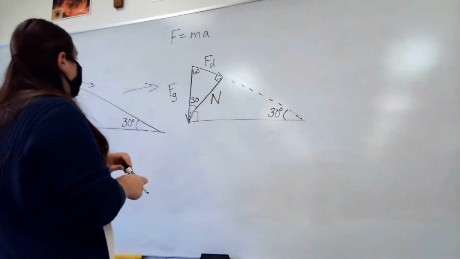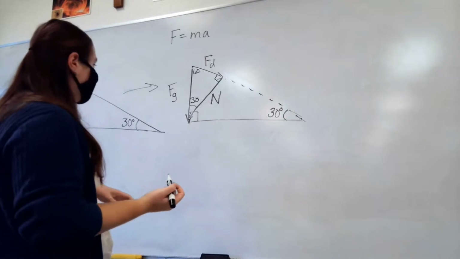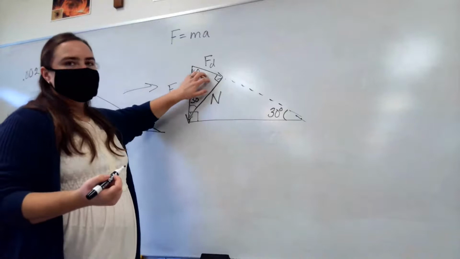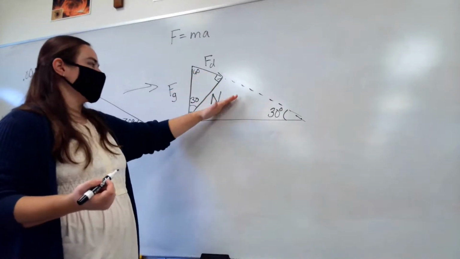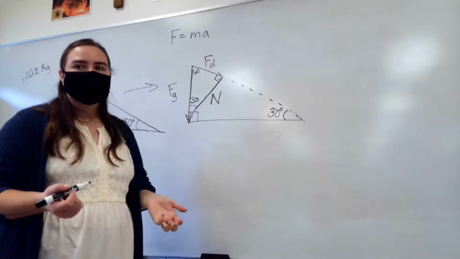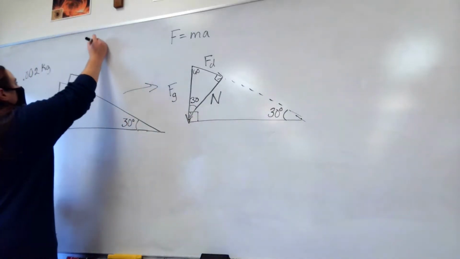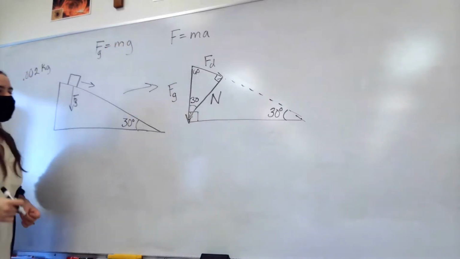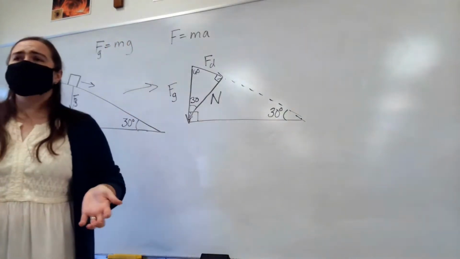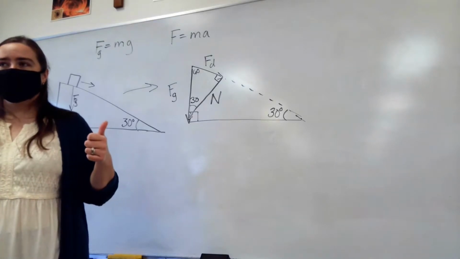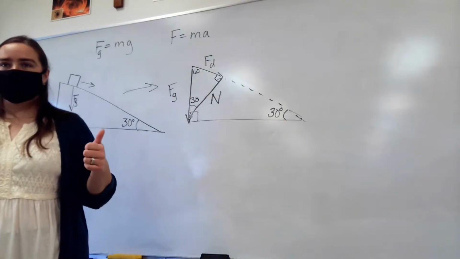All right. So what we want to do is find an expression for our force down the slope and our normal force in terms of what we would know, which is our weight, our force of gravity, using F equals MA, which is going to be our mass times the acceleration of gravity. Make sense?